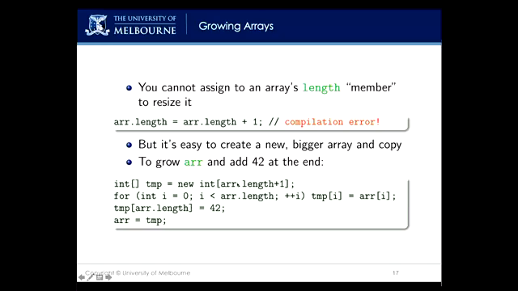So we're assuming there's an array of an arbitrary size, right? We don't know how big it is. An array called r. We take r.length and add 1.